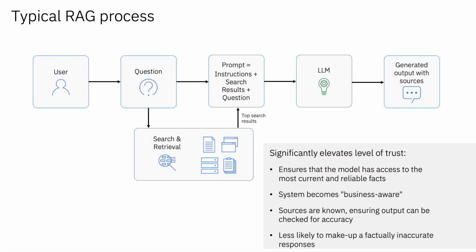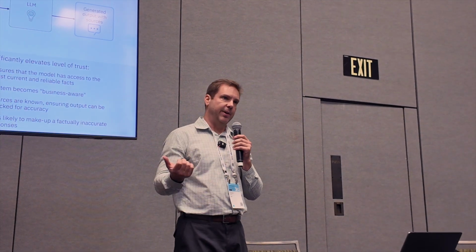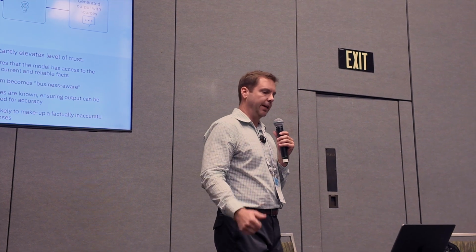So typically, a process called retrieval augmented generation, or RAG, is introduced to address this problem. In this example, without RAG, if you ask a question to an LLM, that question is directly sent to the LLM and it's going to generate an answer, and that's where the hallucination can take place. But with RAG, instead, once that question is asked, that question is sent to an internal retrieval system that has documents from your enterprise.